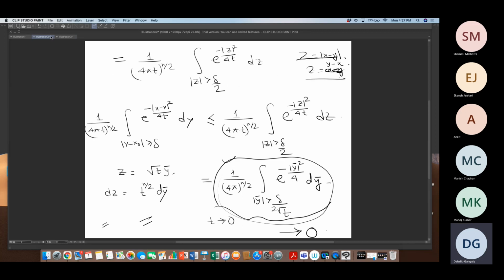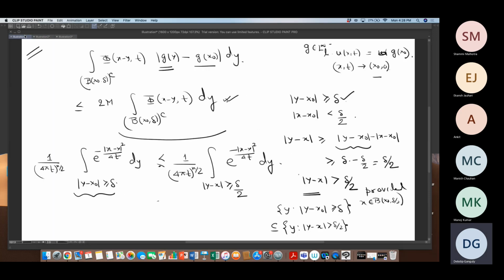Here, of course, this f is an L1 function. As t goes to 0, |y| is like r_t going to infinity. So you apply this, and this goes to 0. So this integral is 0 as t tending to 0.